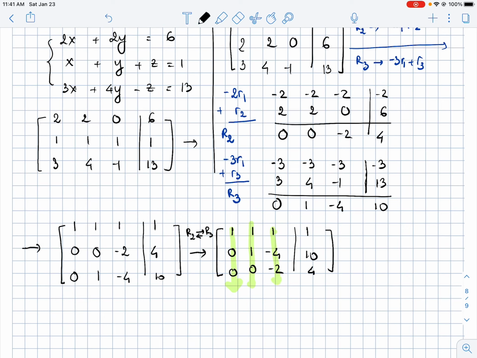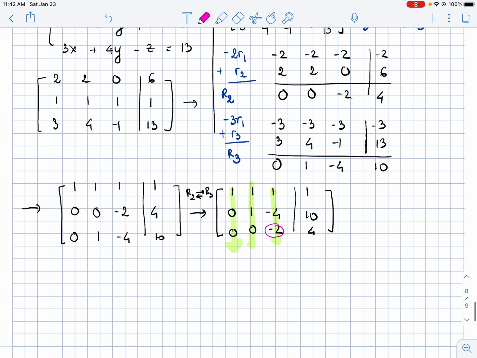In the third column, we want this location to become 1. So imagine the variable. We have negative 2z equal to 4. So what do you think? How can we make the coefficient 1? We will divide both sides by negative 2, right? Instead of dividing both sides by negative 2, we will explain it like this.